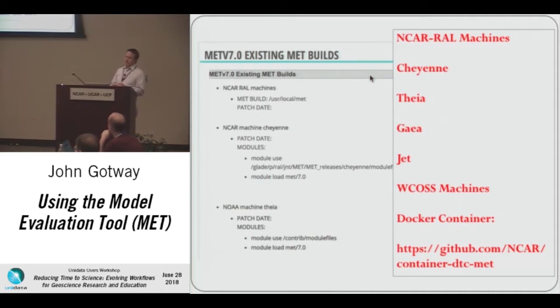Within NCAR on the RAL machines, you can find it in /usr/local. Then on Cheyenne, Theia, Gaea, and Jet, and also operationally on the WCOSS machines. I always thought WCOSS was one machine. In point of fact, there's actually 6 separate nodes of it, so it sounds simple, but to compile it on WCOSS means compiling it at 6 separate places. MET is available as a Docker container, and the URL for the GitHub repository is listed there at the bottom.